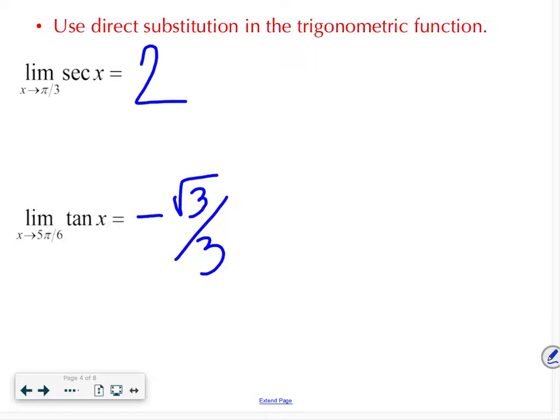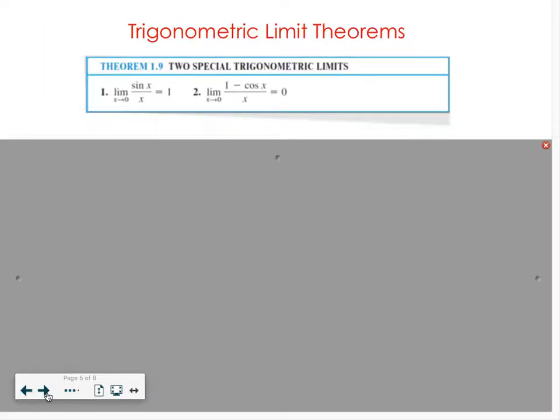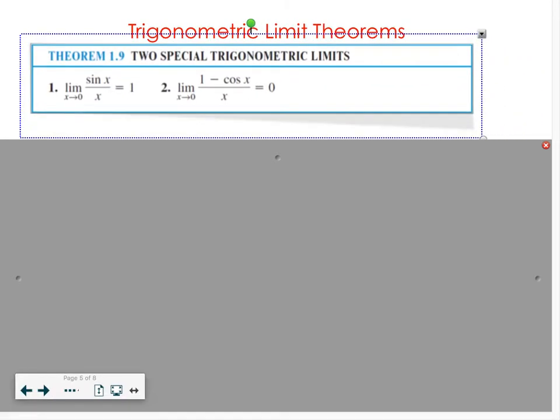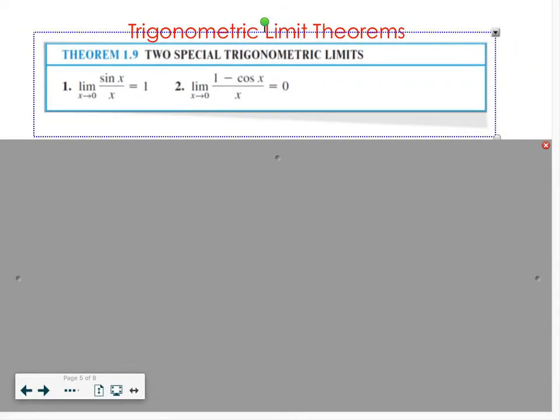All would be right in the world if that's all we had to do, right? But it's not always that straightforward. We could have some situations where we have that 0 over 0 situation. It gets a little bit weird with trigonometric functions. So we have 2 rules that I need you to remember. Write them down.